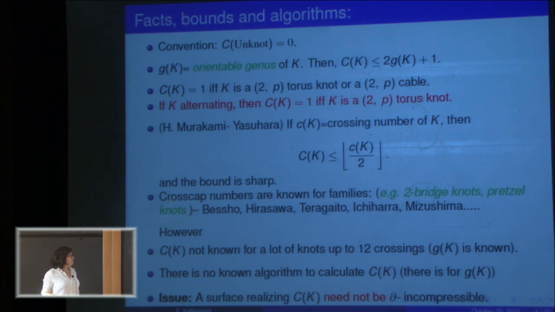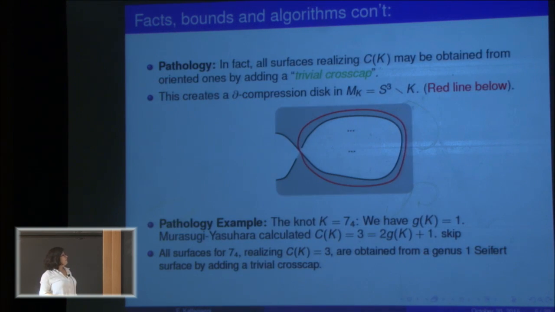Okay, so for instance, there are cases where, to obtain the minimum non-oriented genus surface of a knot, the only way to do that is to stabilize, to do this crosscap stabilization, in an oriented one.